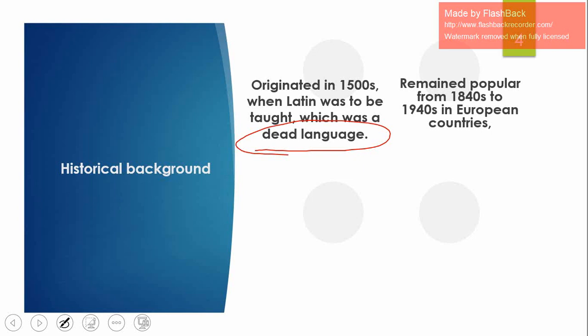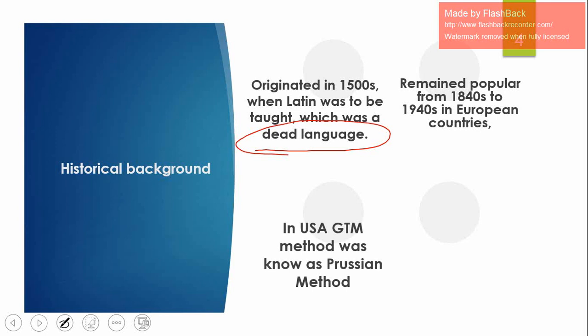Then it was accepted for teaching other European languages, like French. It remained popular for a complete 100 years. So it was a very popular method, and a lot of research has been conducted on this method about its advantages as well as its disadvantages.